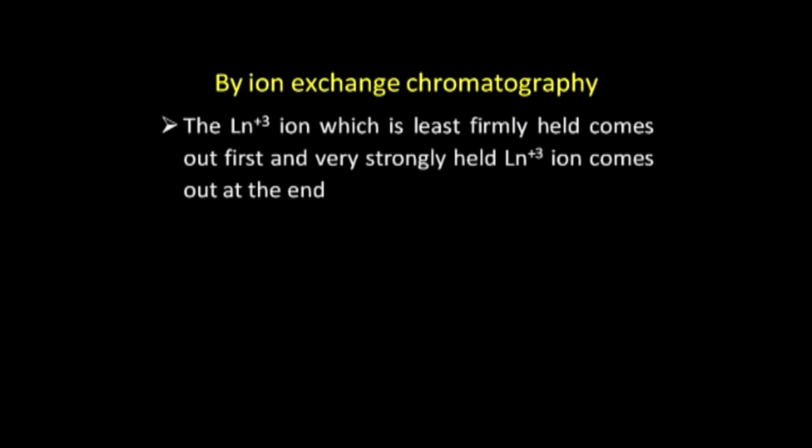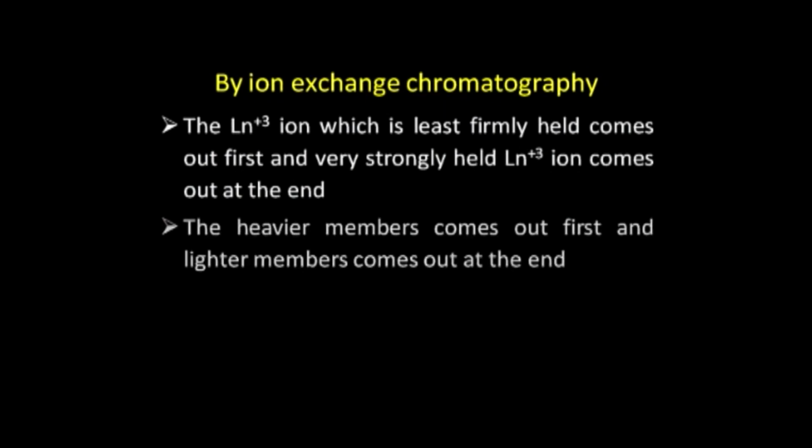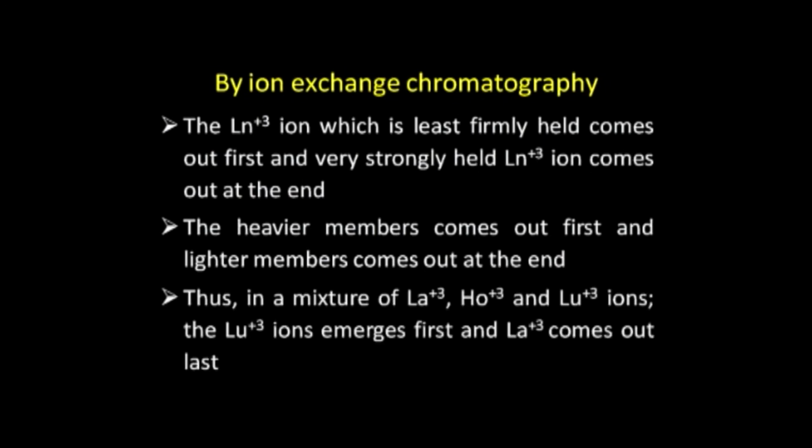The heavier members come out first and lighter members come out at the end. Thus, in a mixture of lanthanum +3, holmium +3 and lutetium +3 ions, the lutetium ions emerge first and lanthanum comes out at the end.